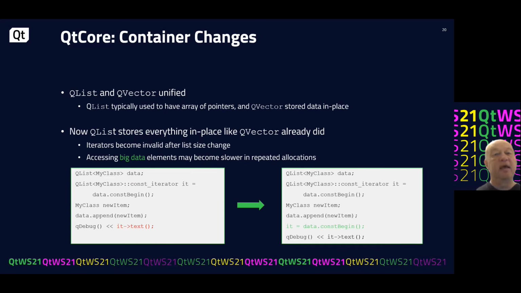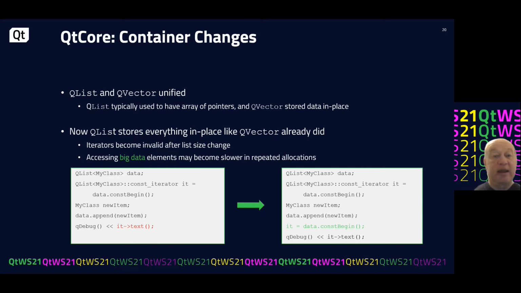And then the bigger thing is the container changes. QList and QVector have been unified. So everything should work as before, but it might have an impact on performance. So if you are accessing big data elements in your list container, it might be that the access becomes slower in Qt6 because the implementation behind has changed.